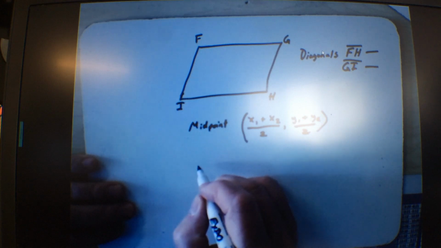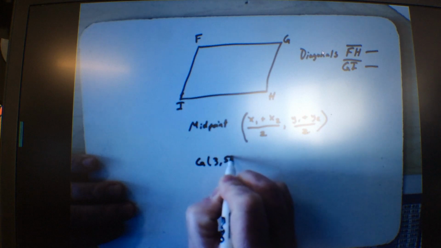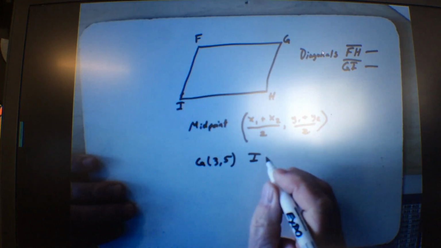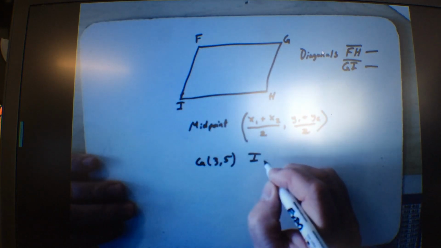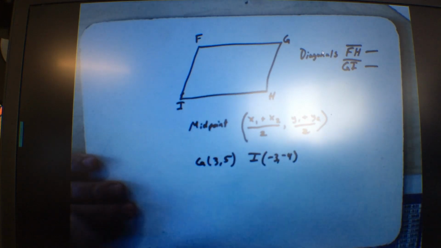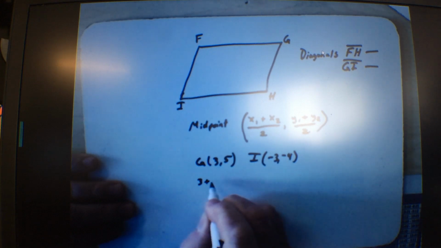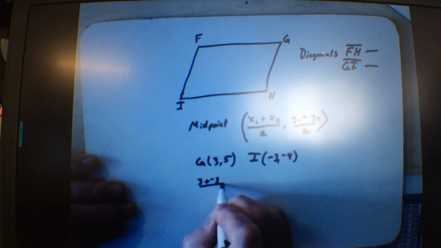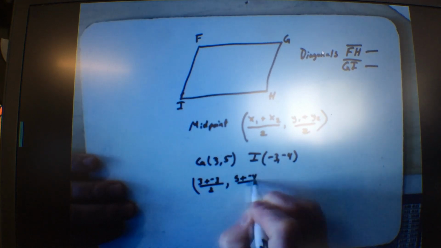So I've got to take the coordinates of G and I. So G is (3, 5), and I is, it's J actually in the book. We'll call it I, okay? I'm sorry, it's J in the book. Do I need to change that, or you? Okay, you know what you're doing. So then I have 3 plus -3 divided by 2 and 5 plus 4 divided by 2.